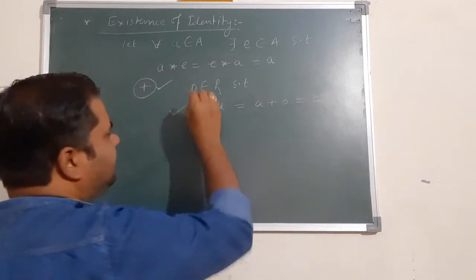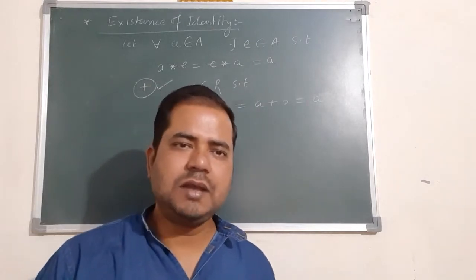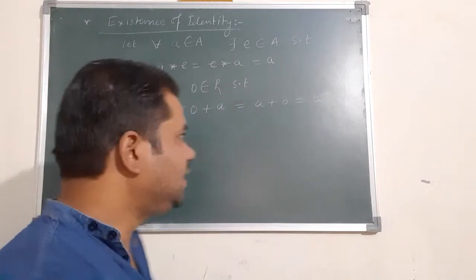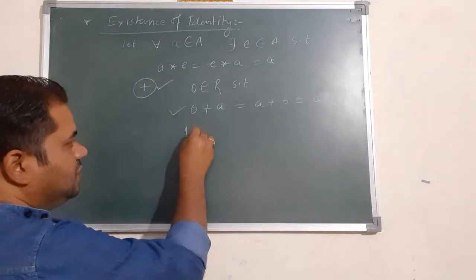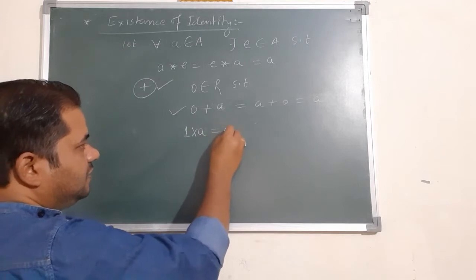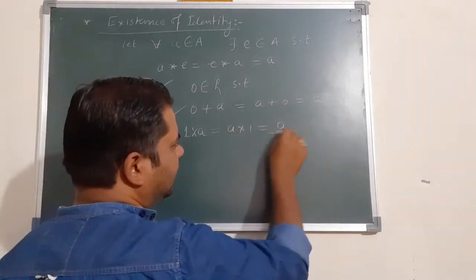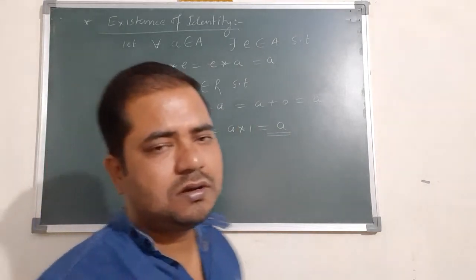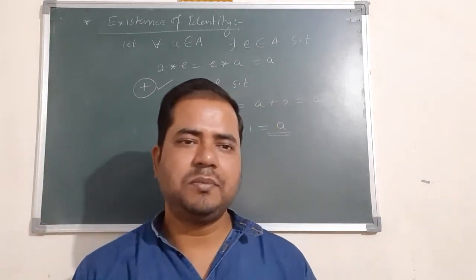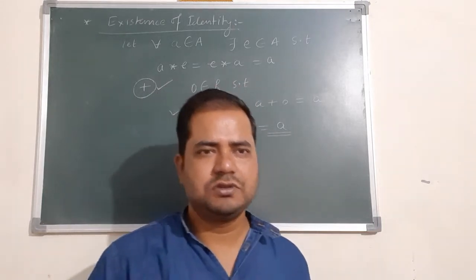This is the additive identity. Similarly, the multiplicative identity is 1, because if we multiply 1 into a, or a into 1, then we only get a. So additive identity is 0, multiplicative identity is 1. Please note it down.